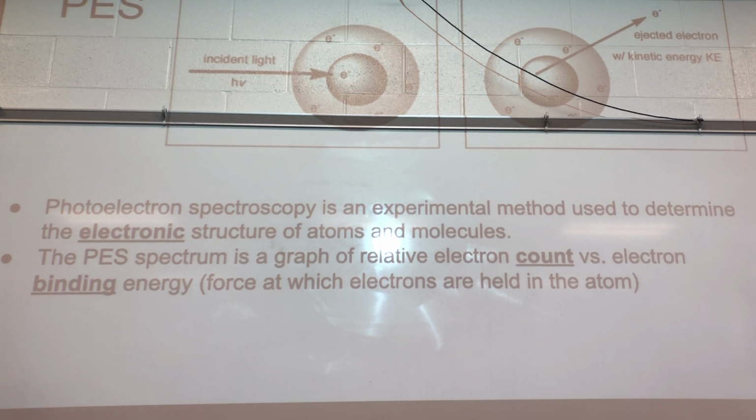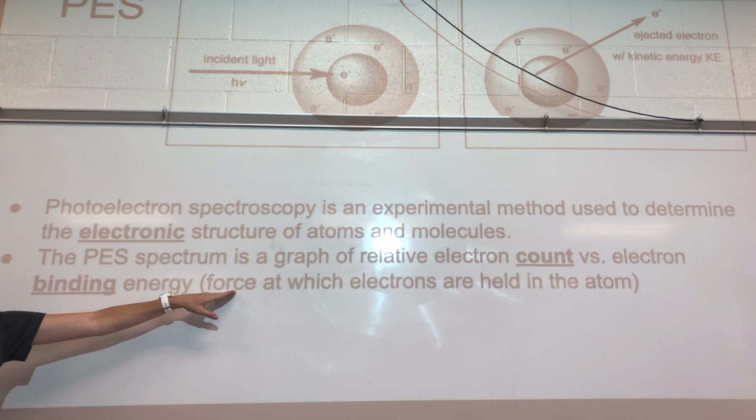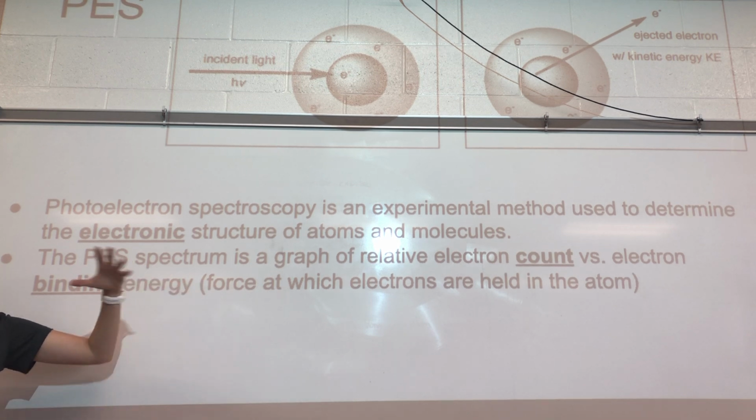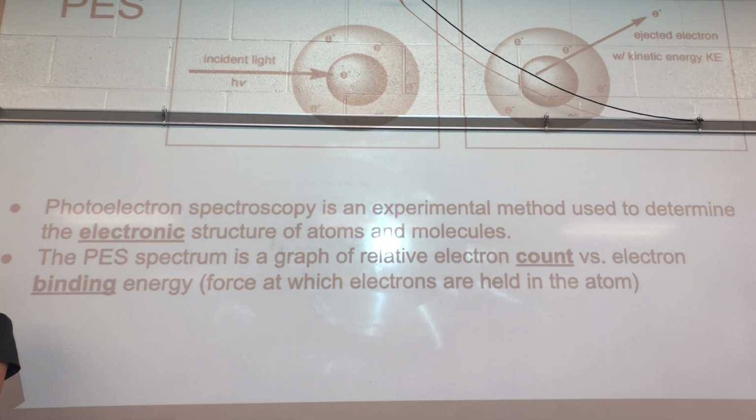So they knew there has to be a difference in how these electrons are held on. The higher the binding energy, the conclusion was, the closer it must be to the nucleus, because it takes a lot of energy to pull it off. The farther away they are, the easier it is to remove them.